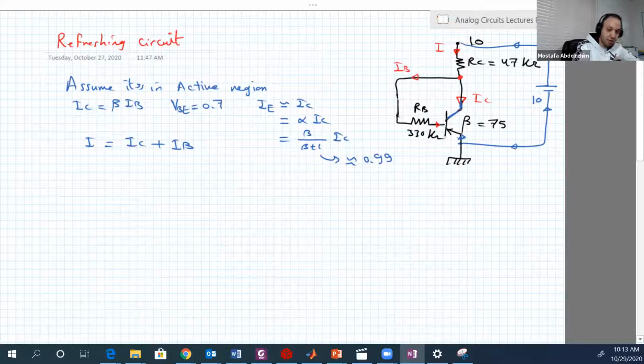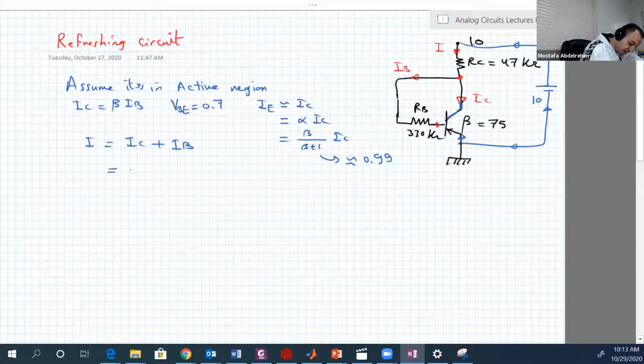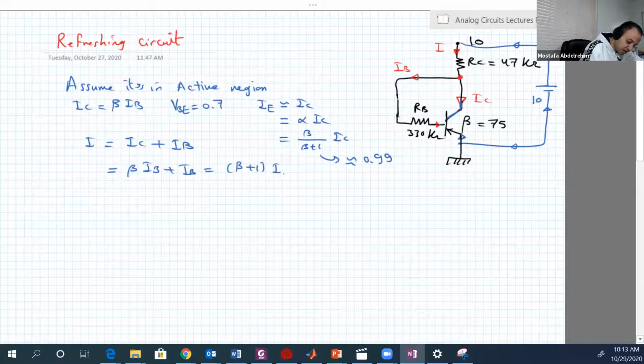If we draw the battery and connect it to the ground, and the ground is the emitter, we connect the emitter to ground here. So it's actually the emitter current. And we know that this is beta IB, and IB is still the same. So take IB as a common factor. So this will be beta IB plus 1 IB.